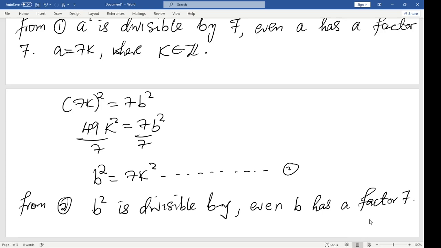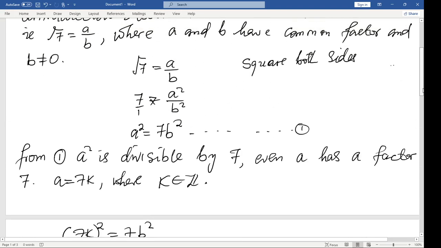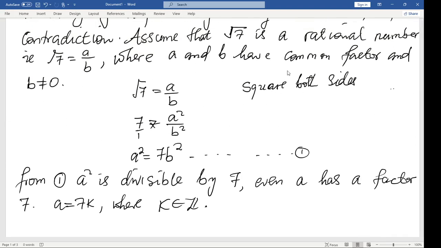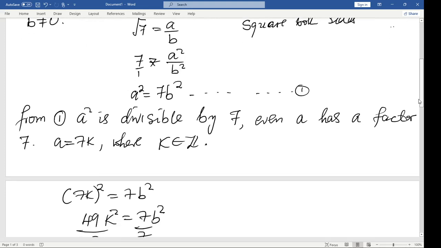Now, if b has a factor 7 and b squared is divisible by 7, then a squared is divisible by 7 and a has a factor of 7. This contradicts the initial statement that we had written back here, where we said a and b should have no common factor. So this becomes a contradiction that we have there.